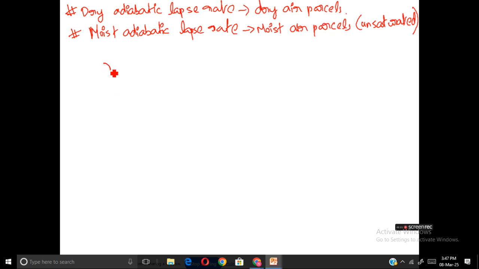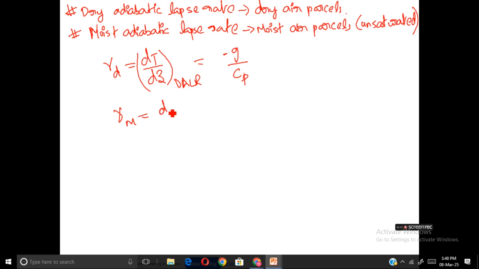We know the equation for dry adiabatic lapse rate, gamma d, dT by dz, in case of dry air, is given by minus g by Cp. Now let's see what is the value of gamma m for an air parcel which has some amount of water vapor in it. Moist adiabatic lapse rate. We will see what this is.